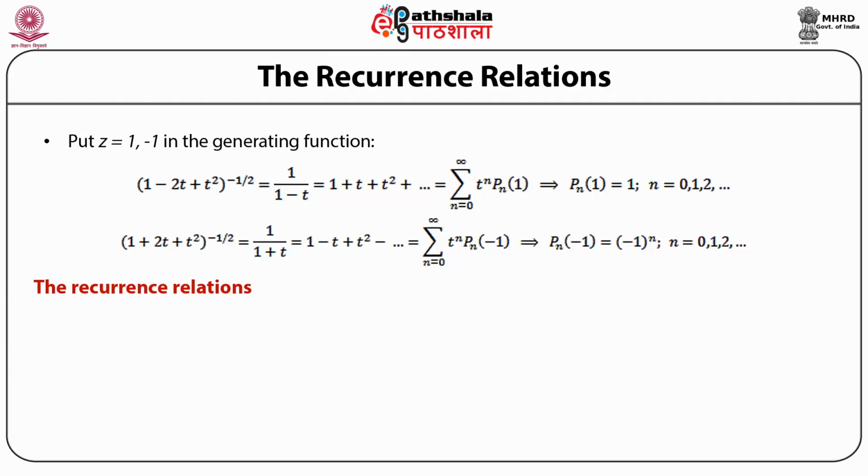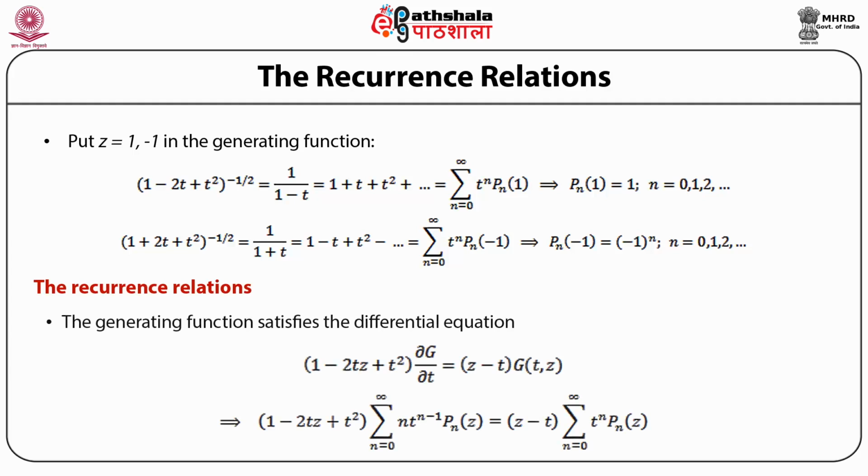We can easily verify that the generating function satisfies the differential equation given by 1 minus 2tz plus t square within the brackets multiplied by del of capital G by del t is equal to the product of z minus t into capital G of t, z, where the capital G is the generating function.